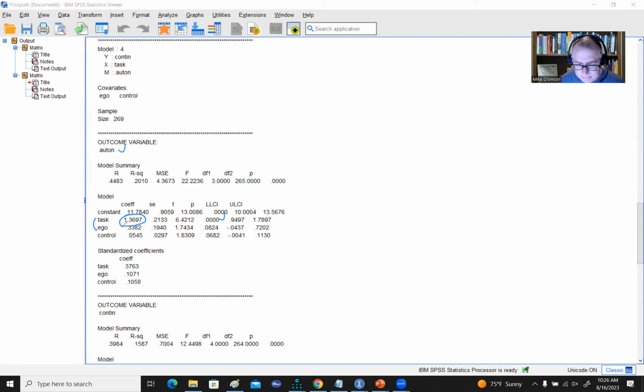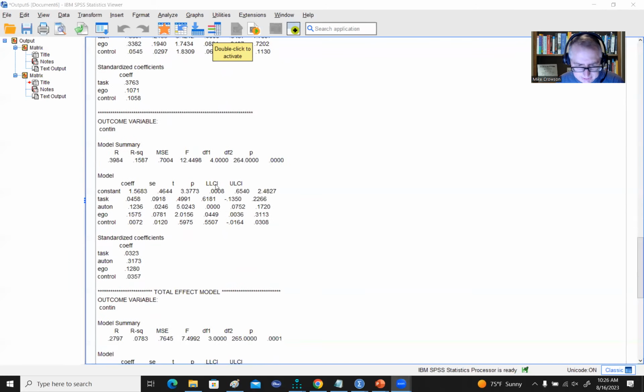The ego orientation variable, while there's a positive regression slope right here, would not be significant at the conventional 0.05 level. When we look at the overall model right here, there's the R-square value, and the F-test is significant, telling us that these variables jointly account for significant variation in autonomous motivation.